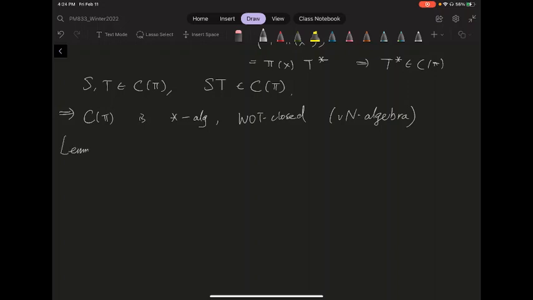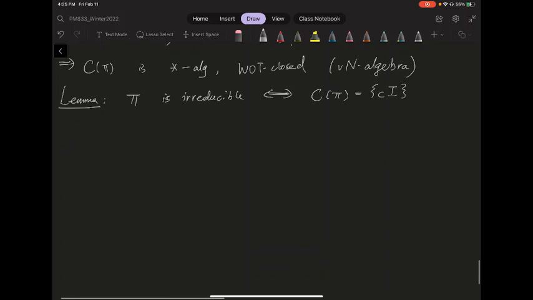This is called Schur's lemma, or let's just write lemma. π is irreducible can be characterized using C(π). C(π) is given by a constant times the identity if and only if the commutant of π to itself is always multiples of identity. Clearly, these multiples of identity have to be in C(π), but the harder direction is showing that these two are actually equivalent. All right, so let's prove this fact.